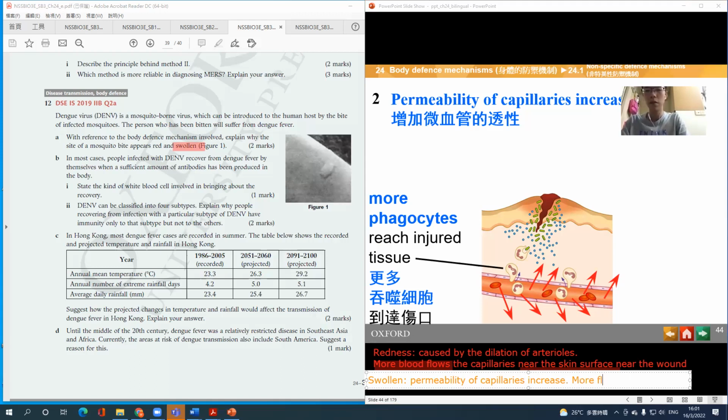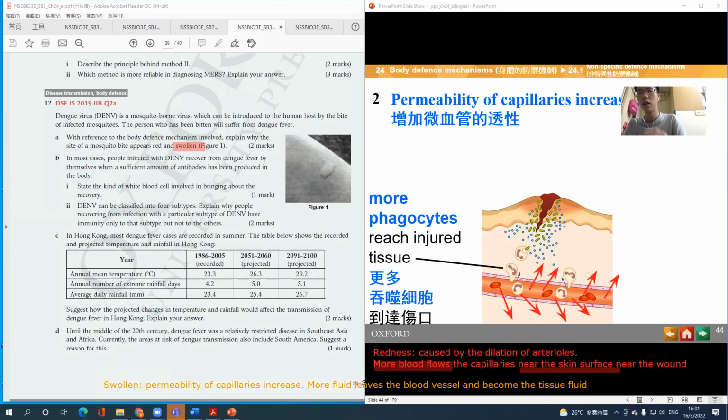More fluid leaves the blood vessel and becomes the tissue fluid.